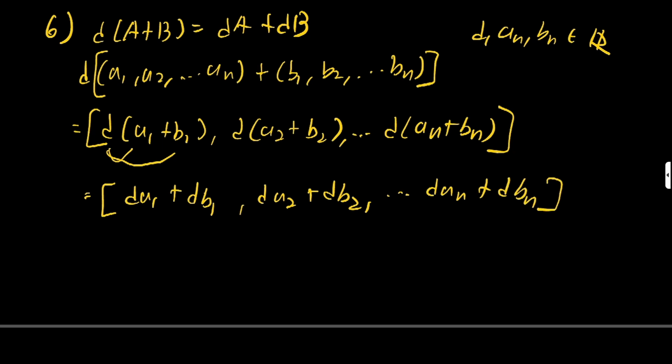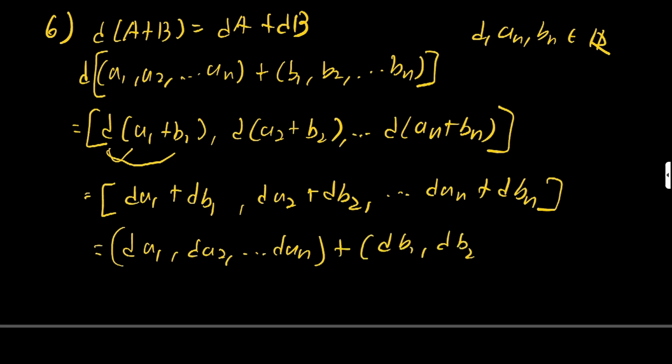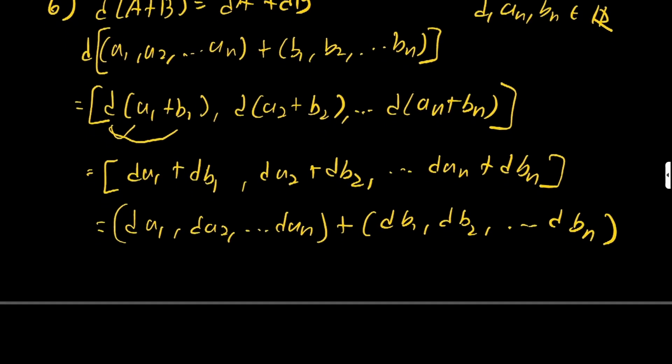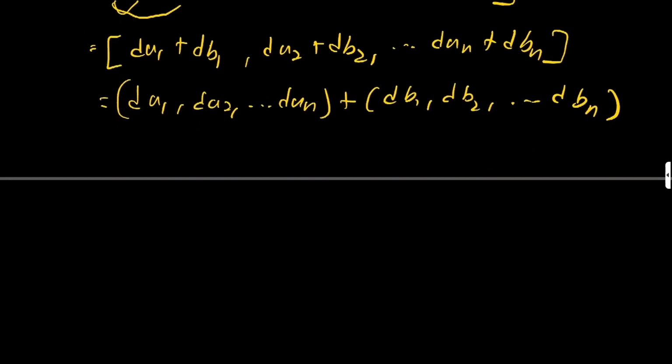From here, all we do is now split this into two sums, into two separate points. So we have now (dA1, dA2, ..., dAn) added with (dB1, dB2, ..., dBn).